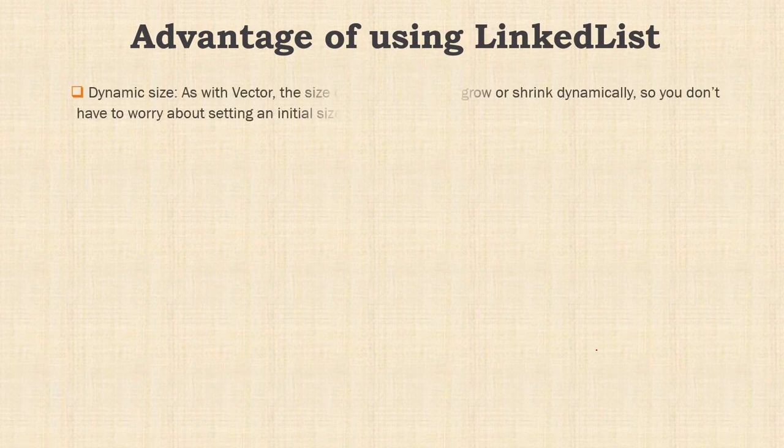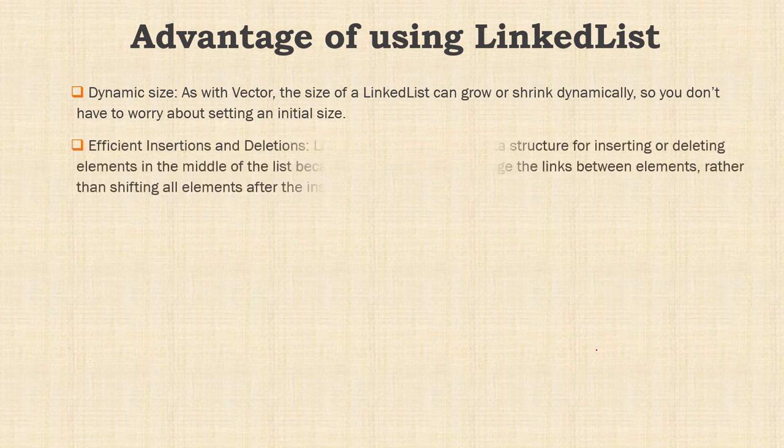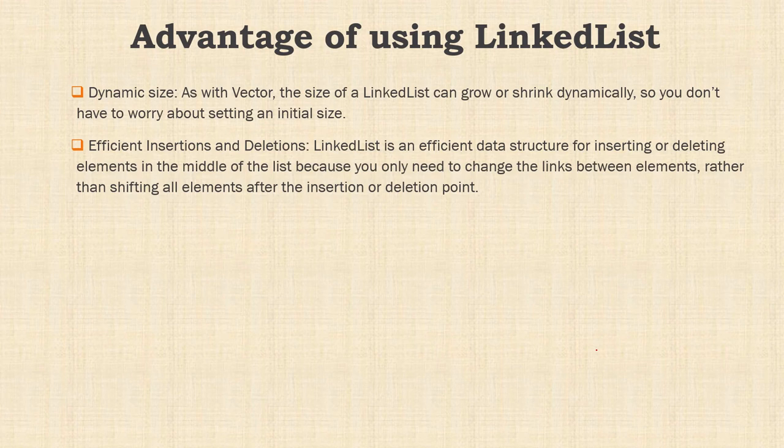An advantage of using linked list: dynamic size. As with vector, the size of a linked list can grow or shrink dynamically, so we don't have to worry about setting an initial size. Efficient insertion and deletion, just now we saw this advantage. If you want to insert or delete from the middle of your collection, then it is better to use linked list.